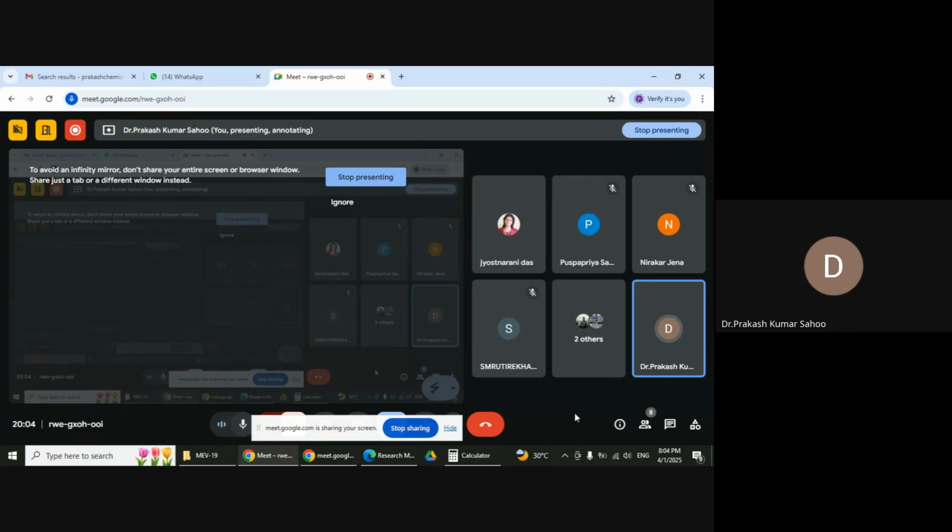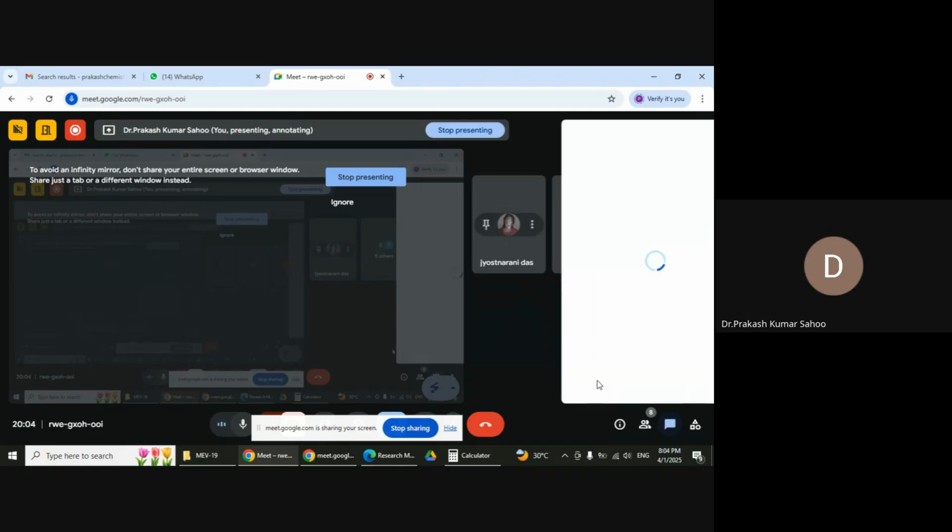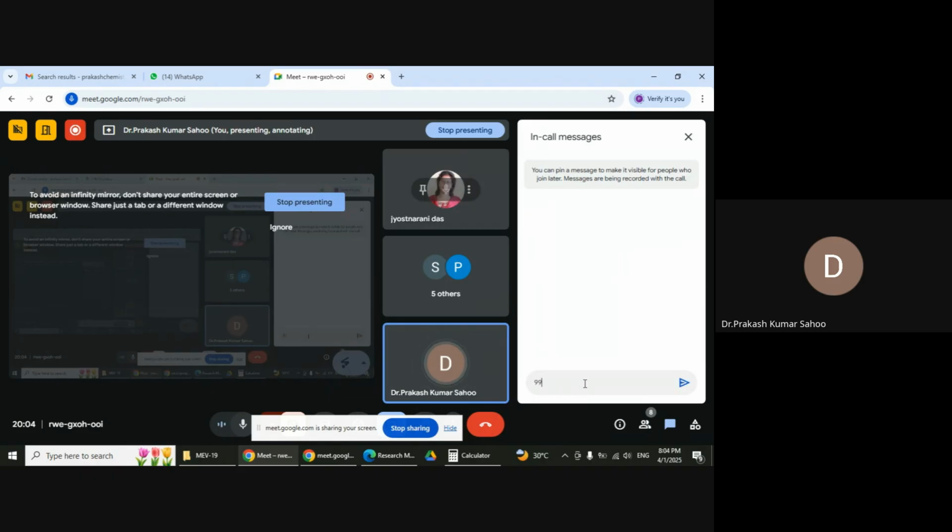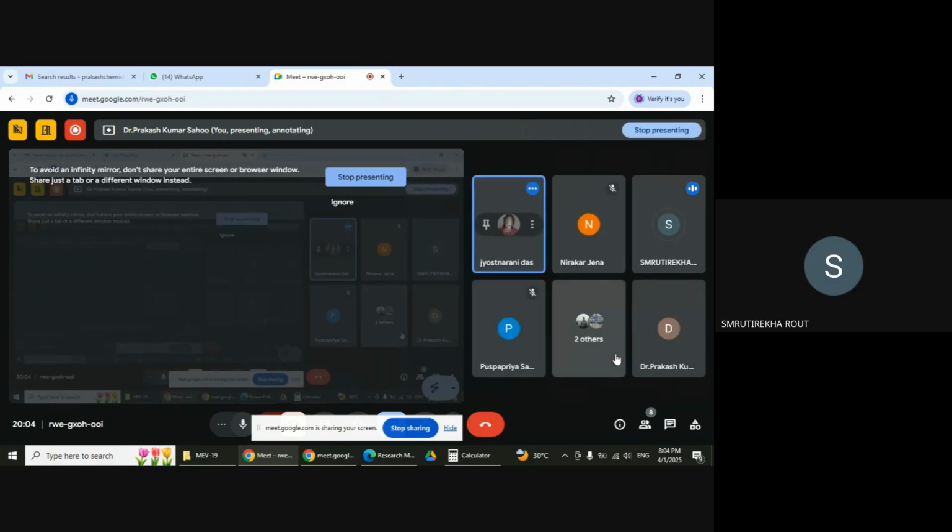So Josnalani, you are advised to add my number to your WhatsApp group. I am putting my name in your chat box. This is my number. Smriti Rekha madam is the admin, just take my number. Yes, ma'am, today I will add.